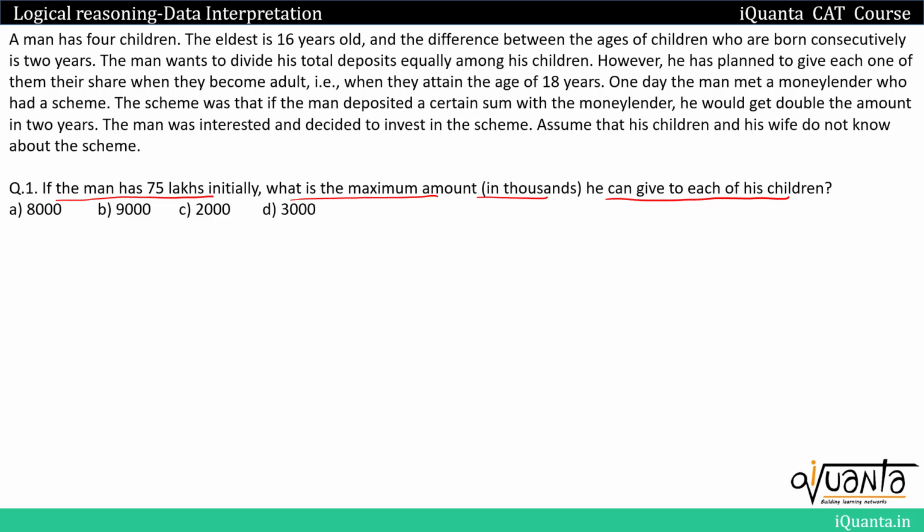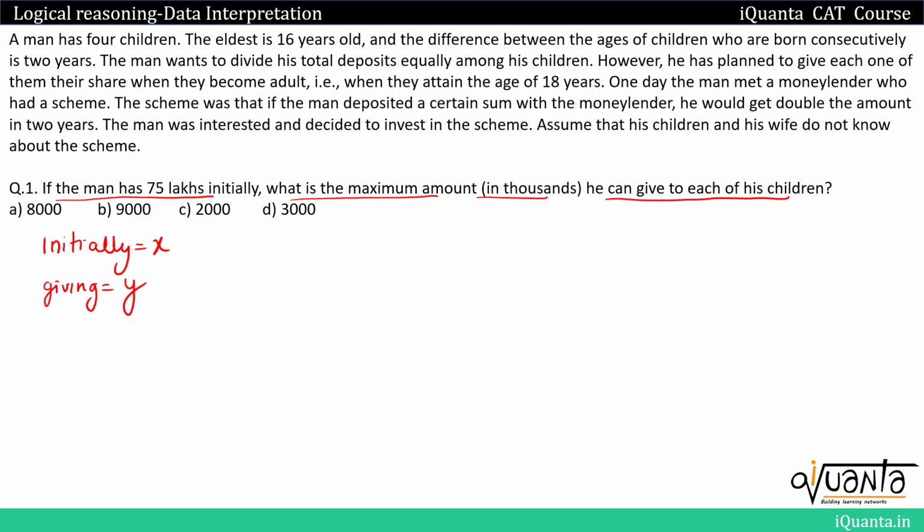Now we know that he is giving equal money to each and every child. So let us assume that initially he was having X rupees or X lakh. Then what he is giving to each and every child, let it be Y rupees.